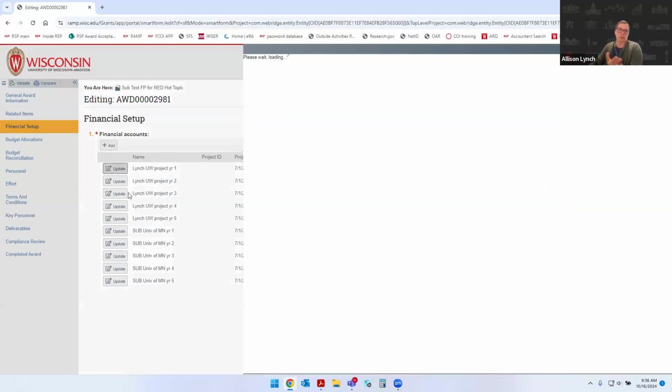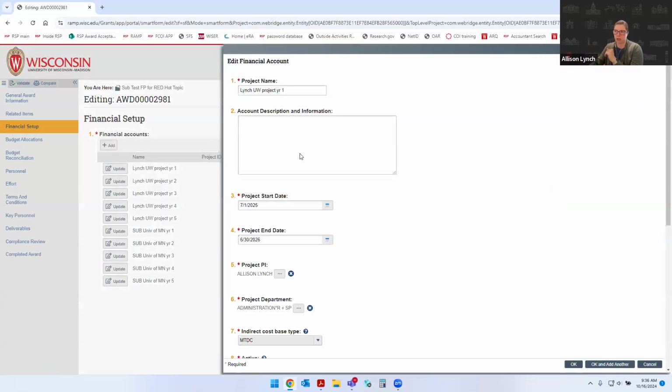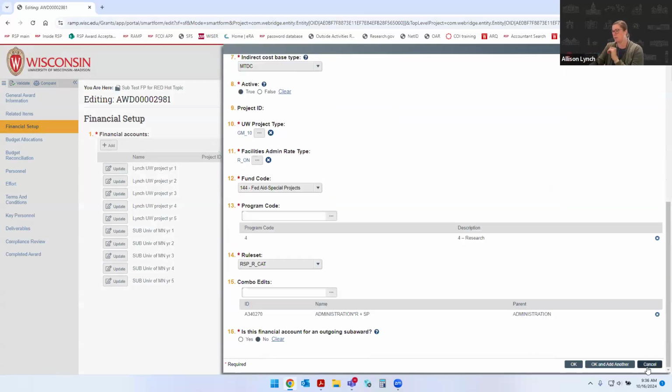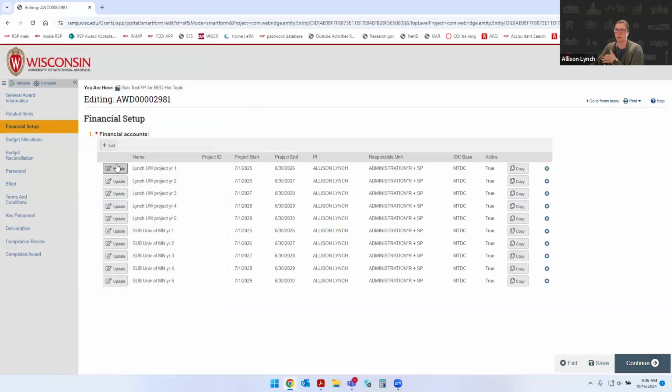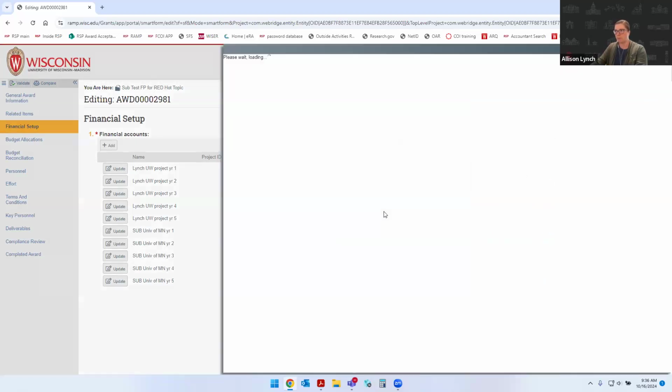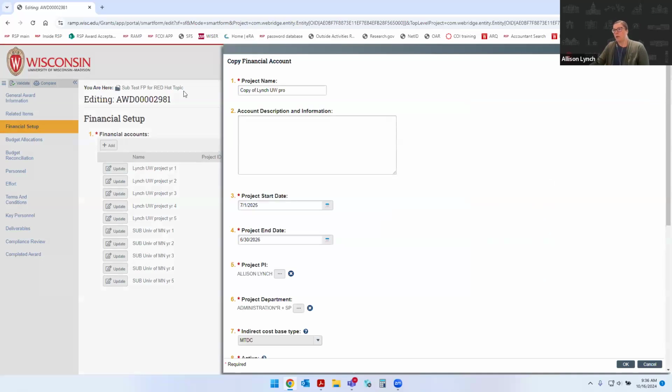I'm just going to assume they're in the same unit, because that is easier for demonstration purposes. You can either add this button up here, which will generate a completely blank financial account. But if you know that your other investigator is in your same department or division, or you just want to use the dates, you can go over here and click the copy button.